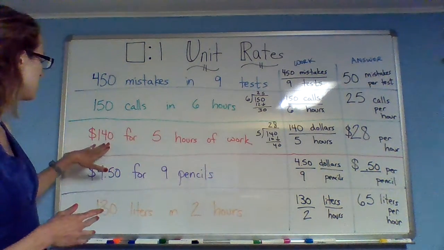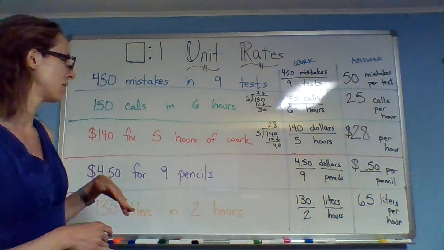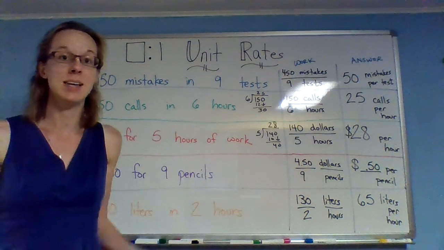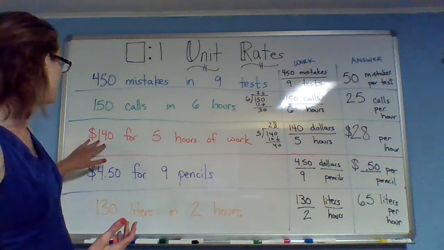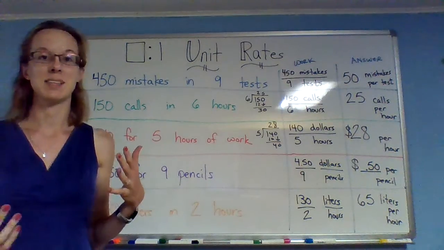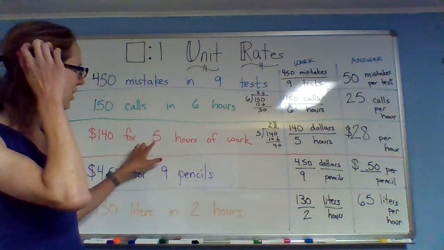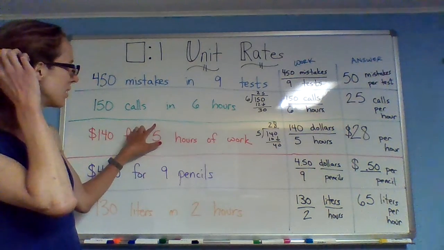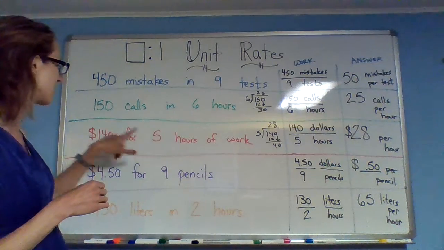Or here, if somebody's charging $140 for 5 hours, and I suddenly say, okay, but this job is going to take 10 hours of work, well, sure, I could double from 5 to 10 and double from 140 to 280. But what if I now say, well, it's probably going to take them 12 hours of work? Figuring out how to multiply from 5 to 12 is a little bit goofy, and then multiplying this.